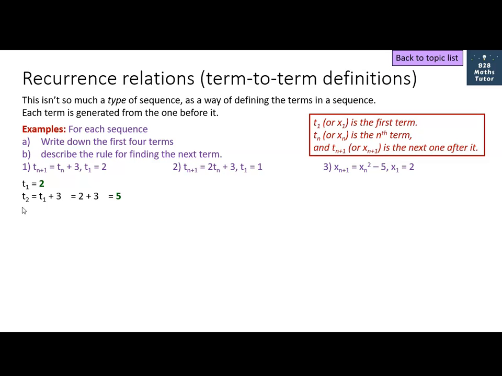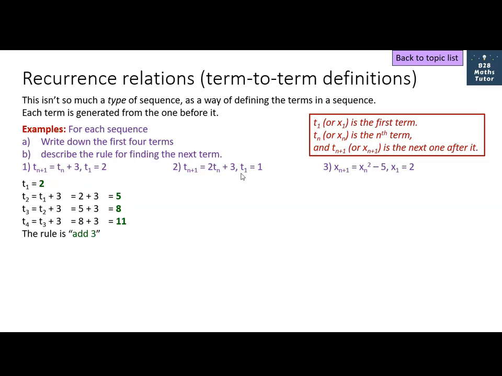The next one, term 3, is going to be term 2 plus 3. So we take the second term and we add 3 to that. 5 plus 3 gives us 8. Fourth term, we take the third term and add 3 to it. So 8 plus 3 gives us 11. So each time you're adding 3 to get the next term, so the rule is add 3.